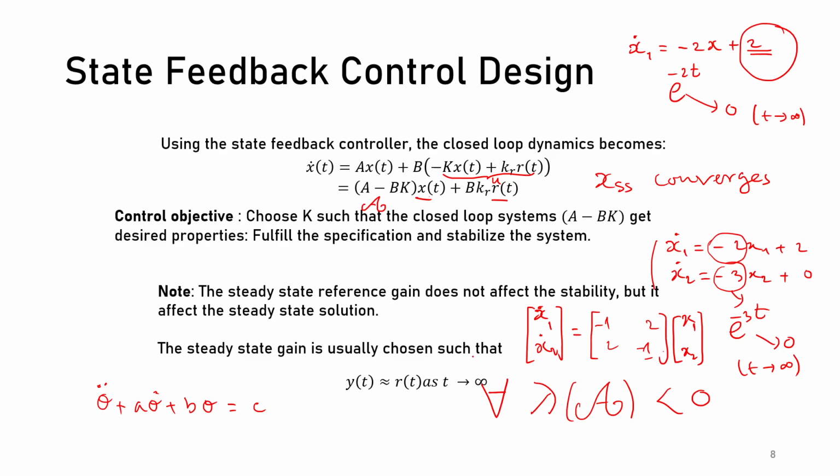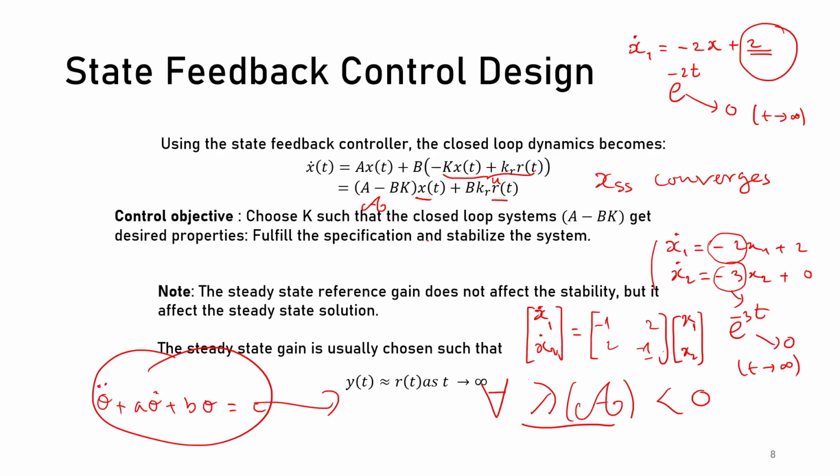And if you relate those poles with eigenvalues, you know what? They are just the same. If you transform the ordinary differential equation into state space, the condition for the ordinary differential equation is that all the real parts of the poles must be negative.